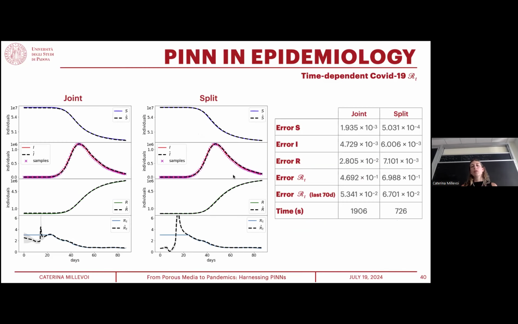But now we move to a more complex problem. Now this is a more realistic one in which the transmission rate is time dependent. So we have the same setting, same unknowns, and again the split training outperforms the joint one, for sure in terms of training times, but also in terms of accuracy.